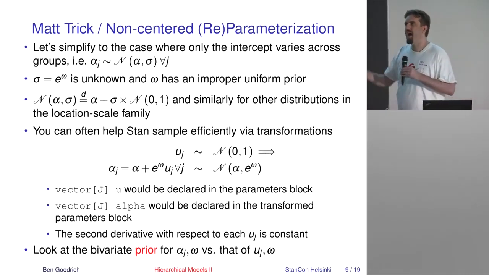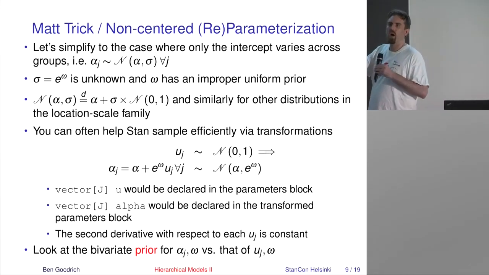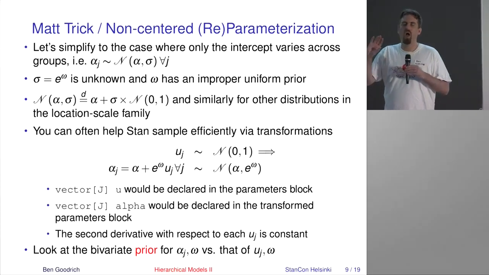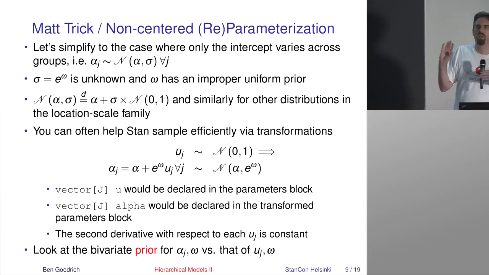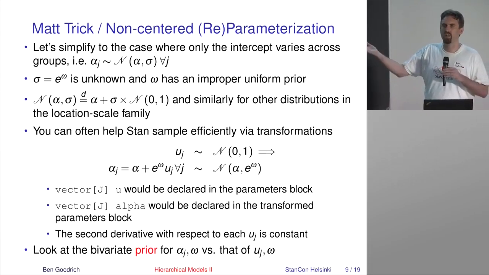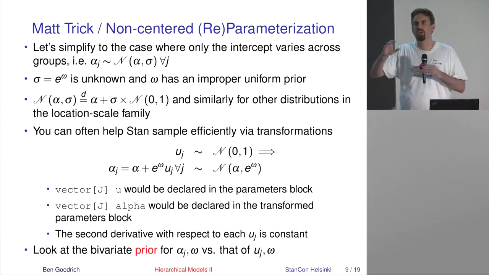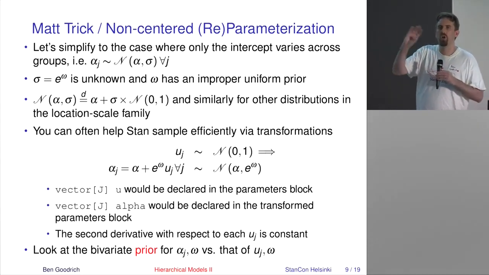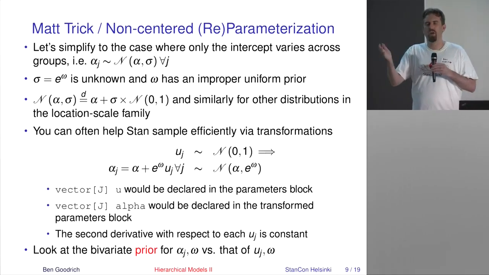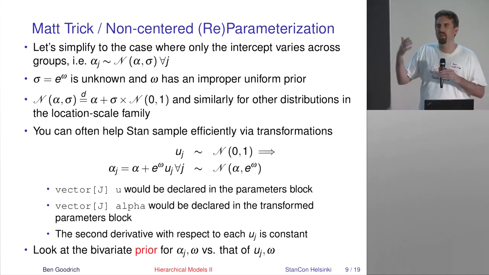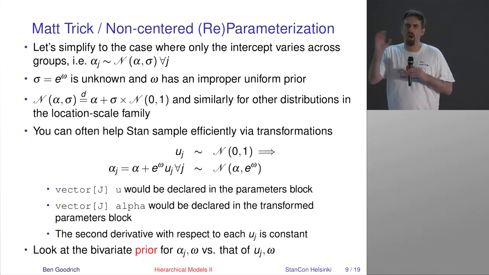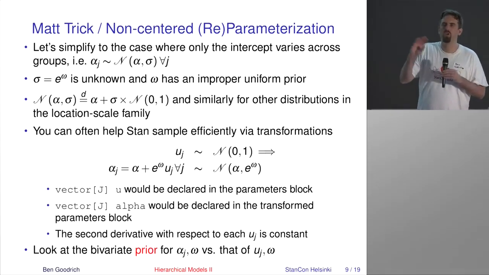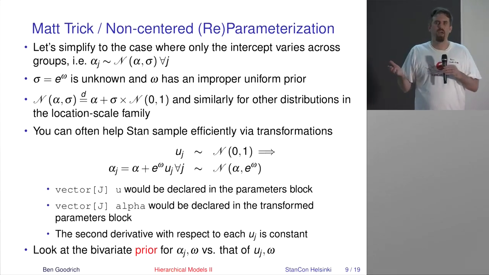And so the fact that you can use both, or either, really, representations of a normal distribution, either taking something that's standard normal, scaling it and shifting it, or just going with a variable that has a normal prior with mean and standard deviation, whatever you specify, gives you two opportunities to write your Stan program in the most efficient way possible.